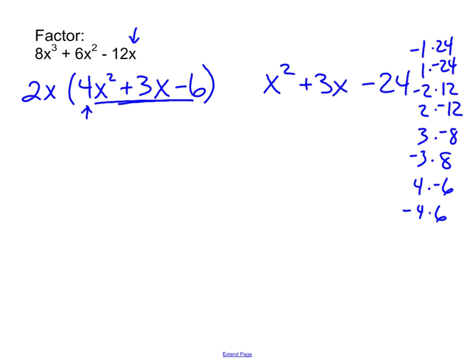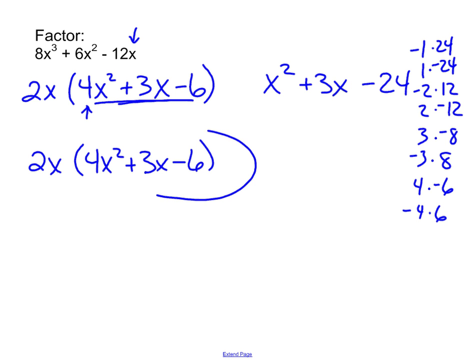These are all the factors of 24, and when I look, do any of these give me a positive 3? It does not, and so my final answer is 2x parentheses 4x squared plus 3x minus 6. And that is my answer because we were not able to factor the trinomial.